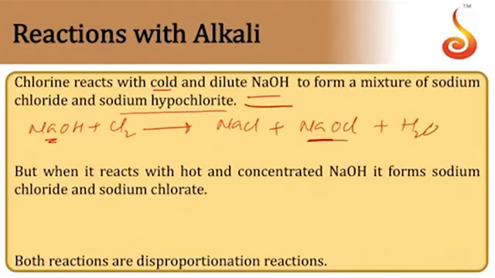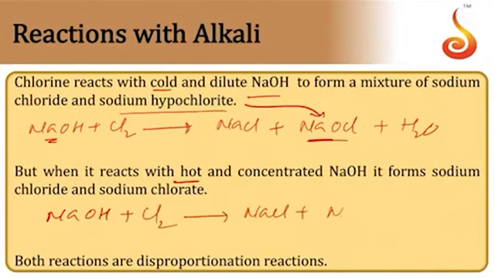This is called sodium hypochlorite. If you take the same chlorine gas with NaOH, but the NaOH is hot, then it forms chlorate. NaOH plus Cl2 gives NaCl plus NaClO3 plus H2O, and this is called chlorate.